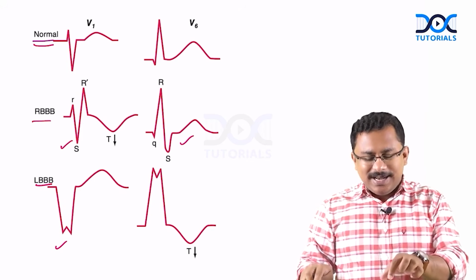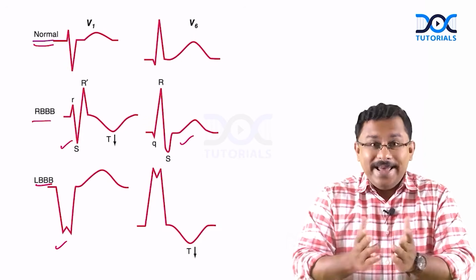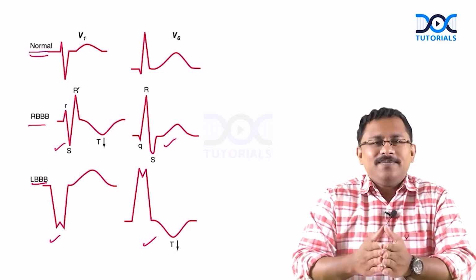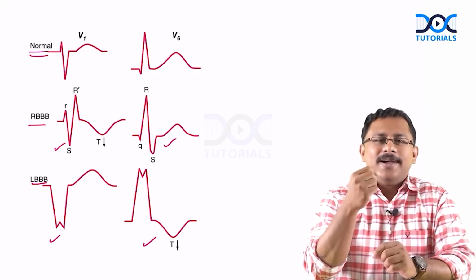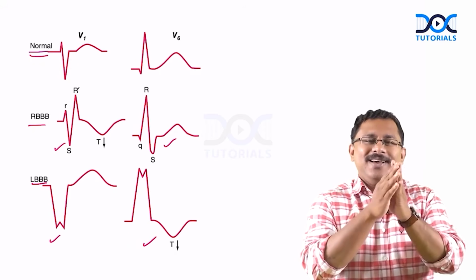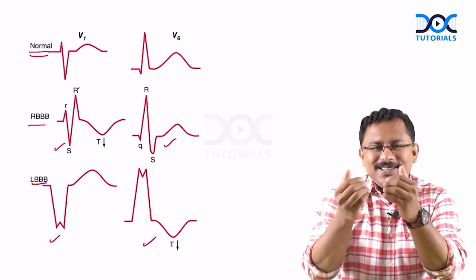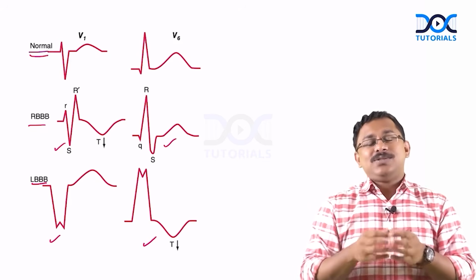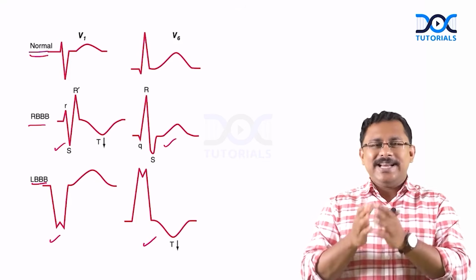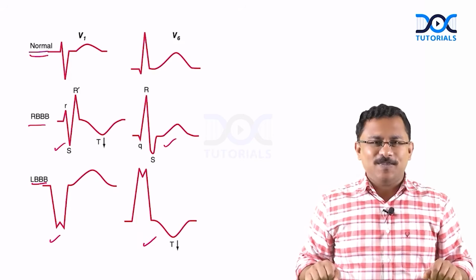So these are the most important points with respect to analysis of the QRS complex. Always remember, first of all, try to see the relationship between the QRS and P, and subsequently, once you have answered the 2 sub questions, you try to see the morphology of the QRS: the width, the shape, the height. That's how you will analyze the QRS complex.